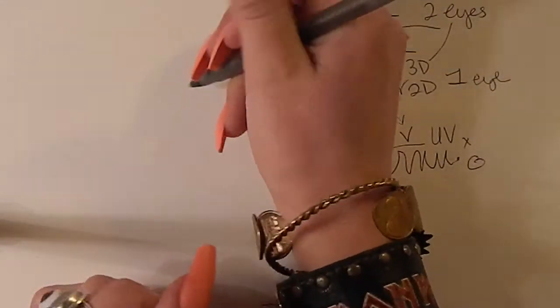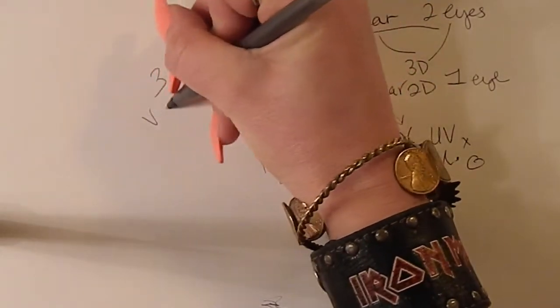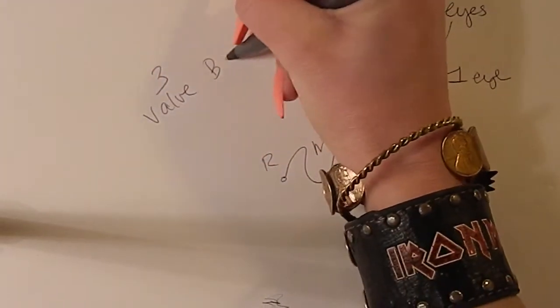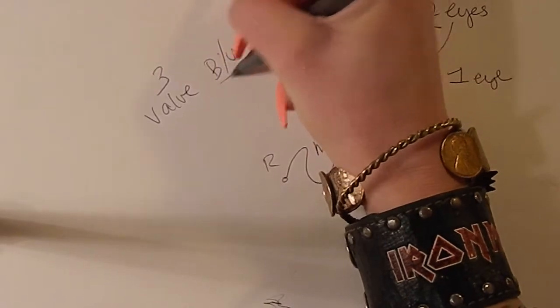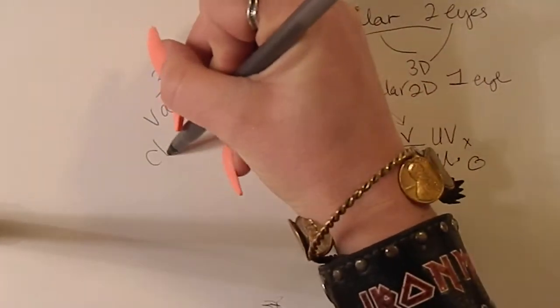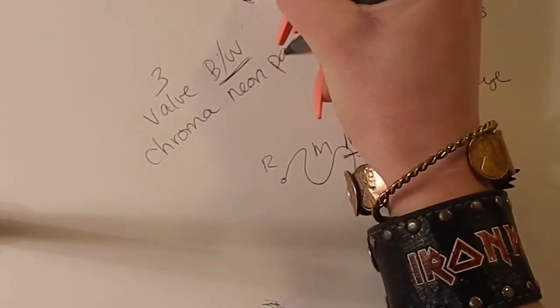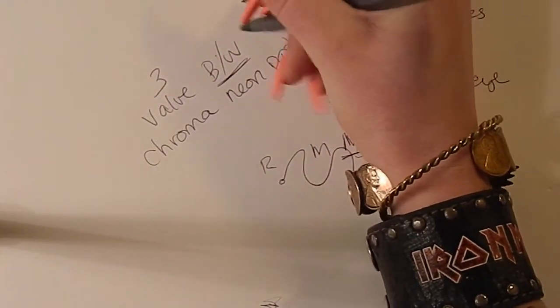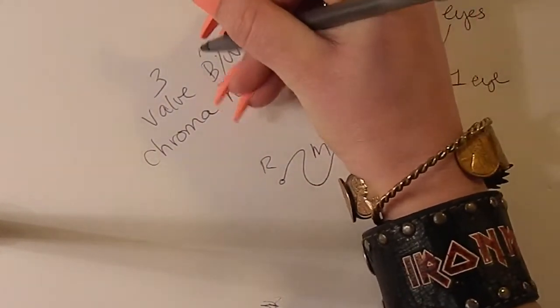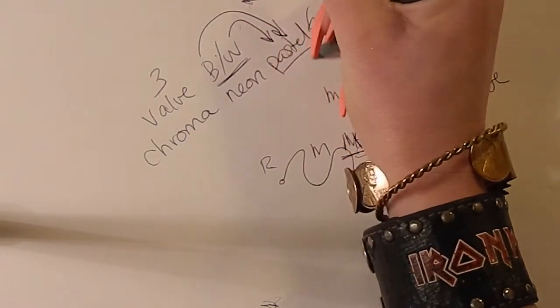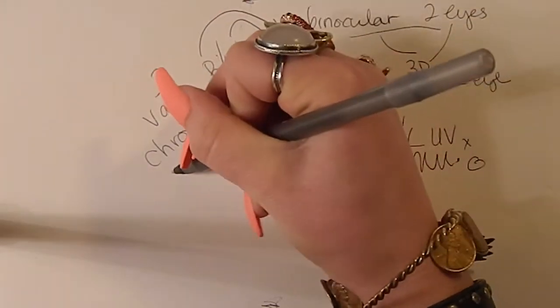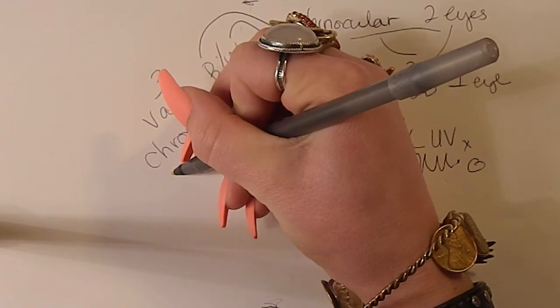And just in case you don't know about the three parts of color, it's value, which is how black or white something is, the grays in between. Chroma, which is the intensity of the color. Is it neon or is it pastel? We achieve pastel colors with white, but also black. They're a bit gray. And then there's hue.